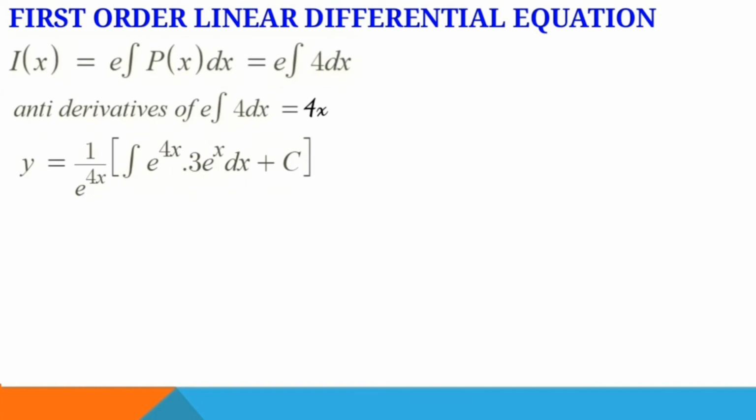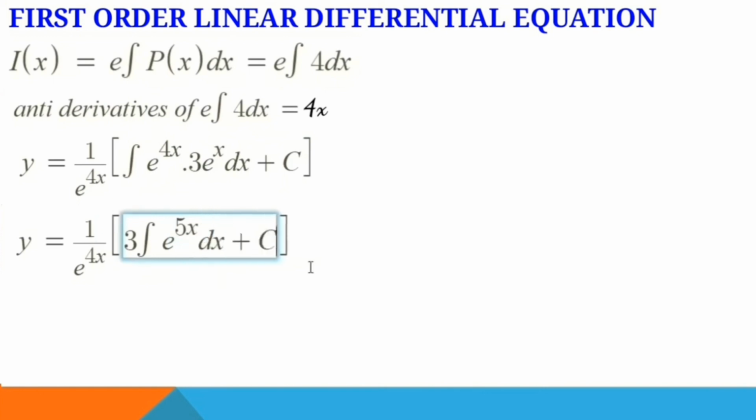So now let's simplify the equation. We have e raised to 4x times 3e^x. So right now we have y equals 1 over e raised to 4x times, we can move the 3 in front, so it should be 3 times the integral of e raised to 5x dx plus c.